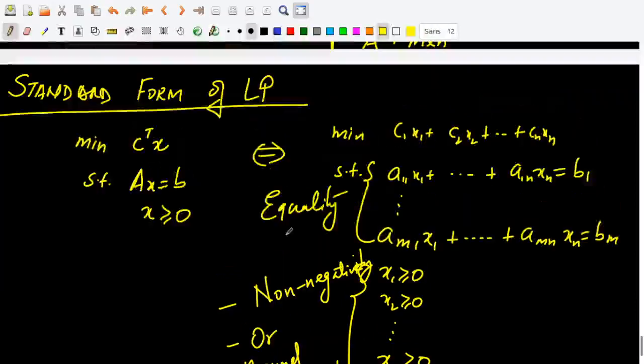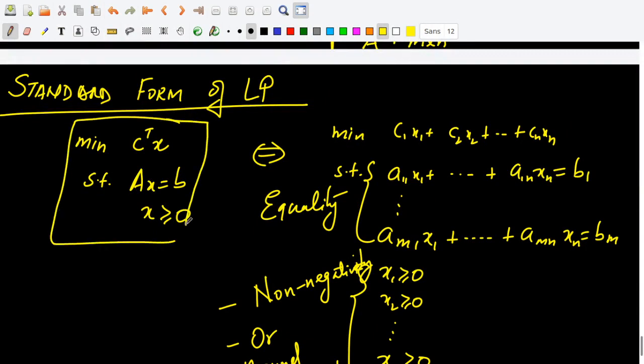If I have a problem which is not in this form, I can transform it into this form using some very simple tricks, which we shall try to see in the next class, and also see some geometrical insights about this type of problems. Linear programs are a very important subclass of general optimization, and they are very popular in practice.